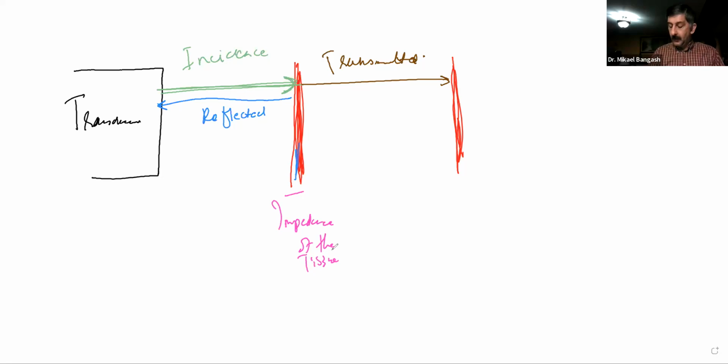Clear? But let us start talking about the incidence. Is there anybody who has any questions about what we mean by incidence, what we mean by transmitted, and what we mean by reflected?